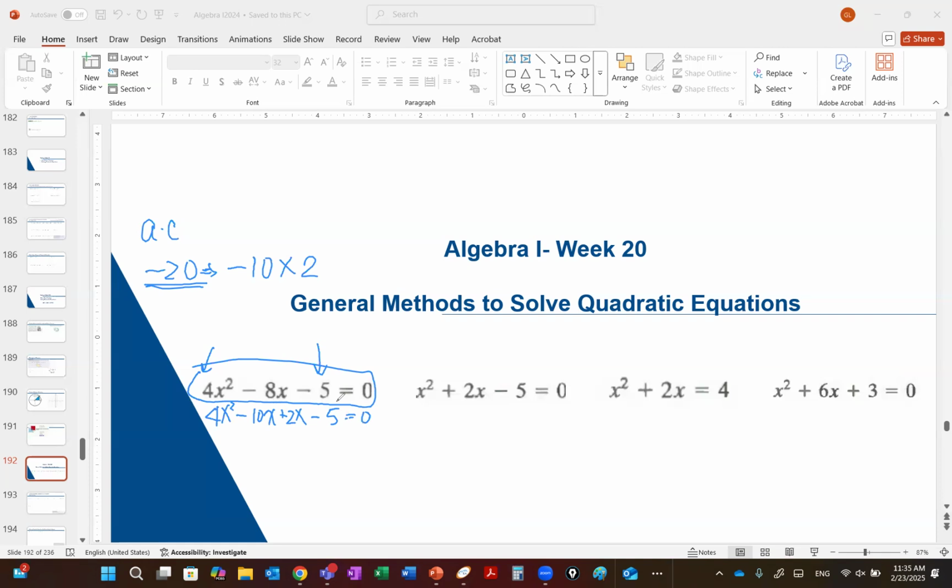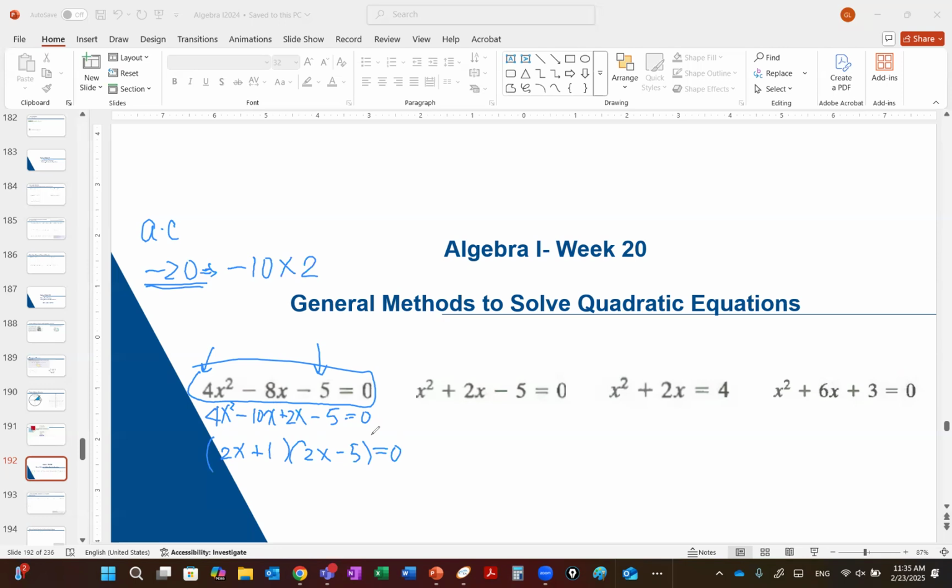All right, so you guys can factor this, right? How did you get it? So you can take 2x out, and 2x minus 5, and here is plus 1. You see? That's it, right? Is it correct?